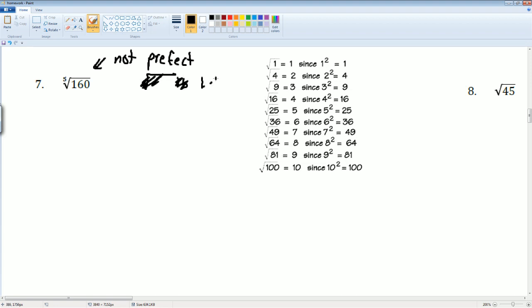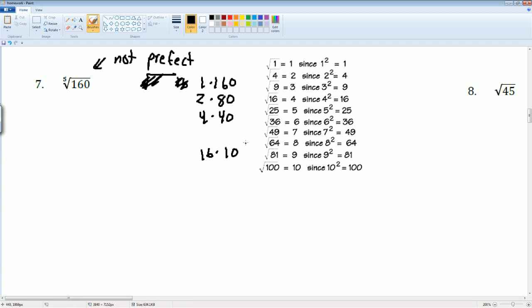So, I have 1 and 160. I have 2 and 80. I have 4 and 40. Can 16 go into this? Yeah. I know the 16 times 10 can go into it.